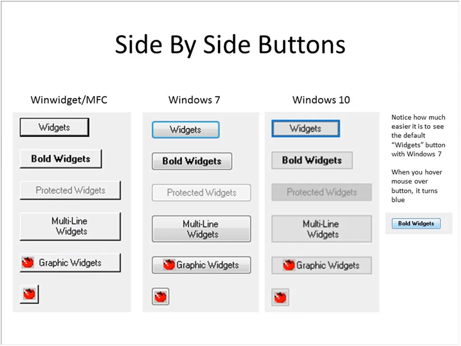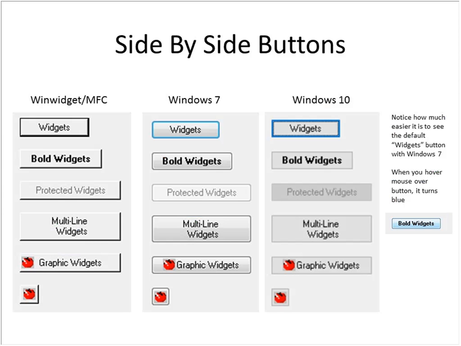Now let's do a side-by-side comparison of buttons on Winwidget and MFC, which really look and feel the same, so I've combined them. And then let's look at those same buttons running on a Windows 7 PC and on a Windows 10 PC.